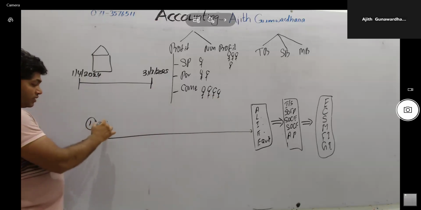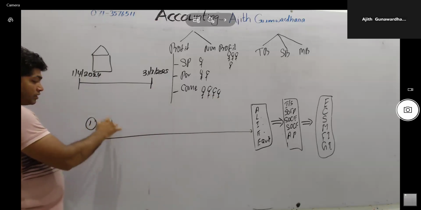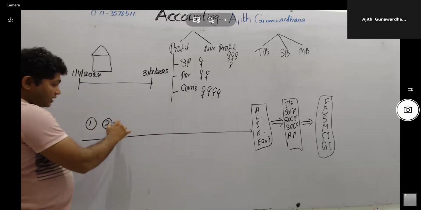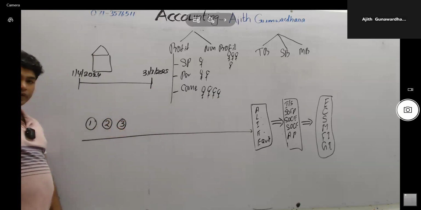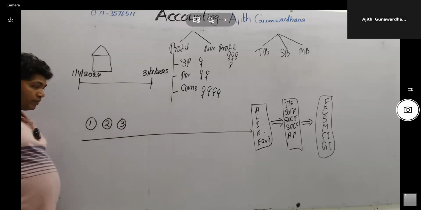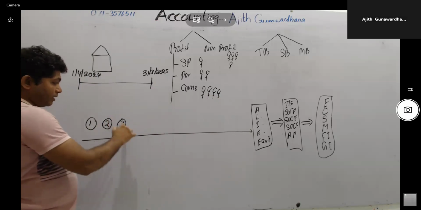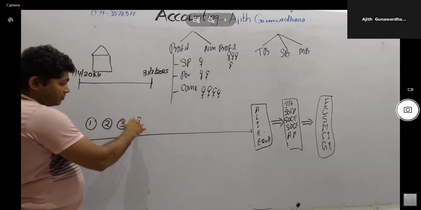Second, information should be collected by using source documents. Third, information included in the source documents should be recorded in the prime books. You have to know how to record information in the prime books. After that, information in the prime books should be recorded in the ledger.